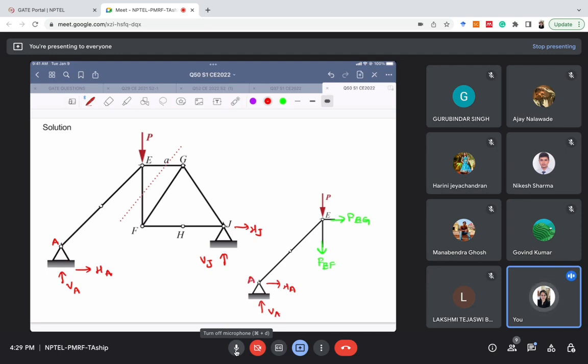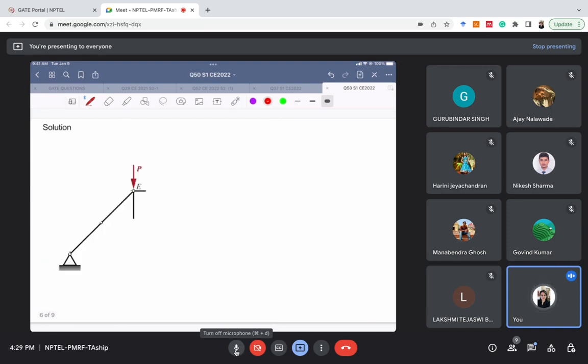So we have cut this section and we have drawn all the forces that are possible here. Now we will solve. I'll mark it here also, FEF and FEG and VA and HA. This is joint number A.